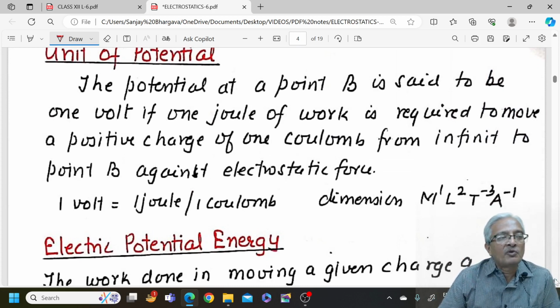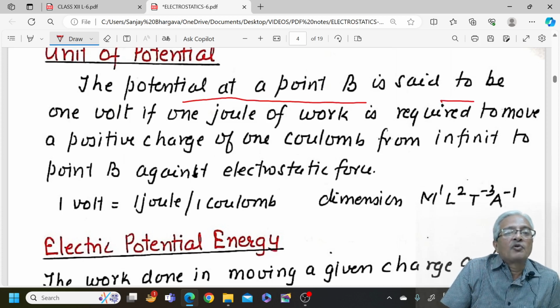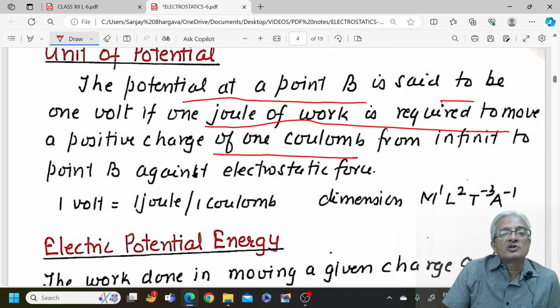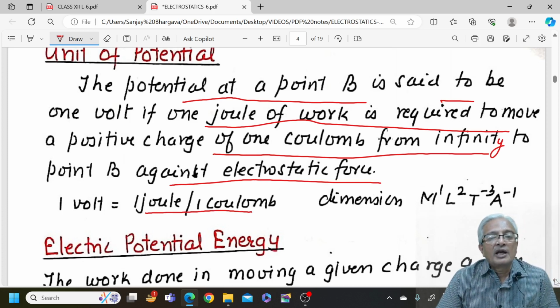How do we define 1 volt of potential? We say the potential at a point B is said to be 1 volt if 1 joule of work is required to move a positive charge of 1 coulomb from infinity to point B against electrostatic force. Once again 1 volt would be equal to 1 joule upon 1 coulomb, and the dimensions are M1 L2 T power minus 3 A power minus 1.